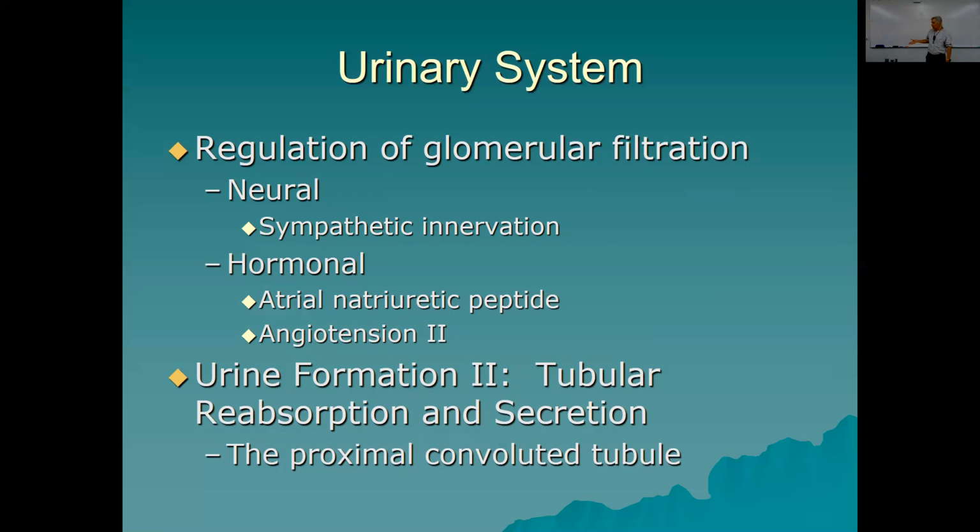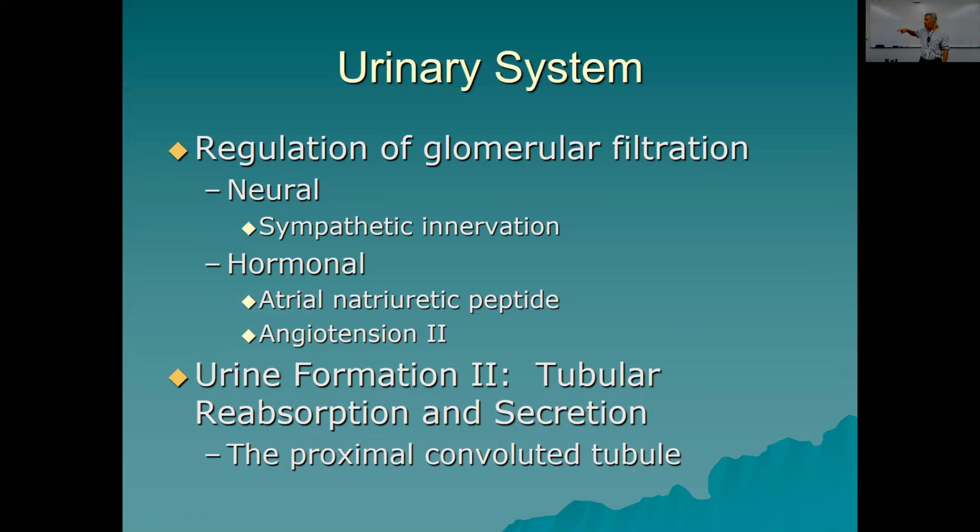Then there's hormonal stimulation, atrial natriuretic peptide and angiotensin II. Atrial natriuretic peptide will increase the size of the afferent arteriole and raise GFR. It'll do something else down the line in the nephron also, but it'll affect this at the vascular pole of the renal corpuscle.